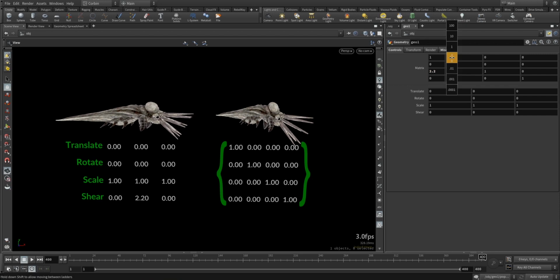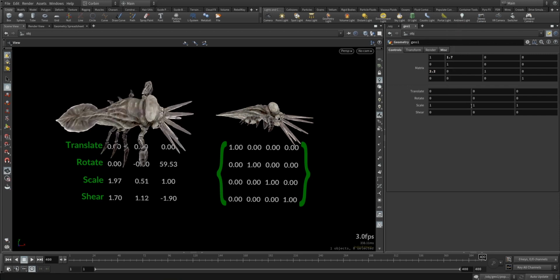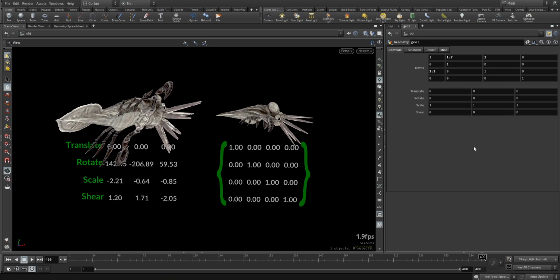But as soon as we start adding additional shear on multiple channels, then these numbers kind of disappear from what we're seeing. Same thing would happen if I now start altering another number. So now none of our shear numbers at the bottom here are represented in any numbers here, and yet they were when they were isolated.